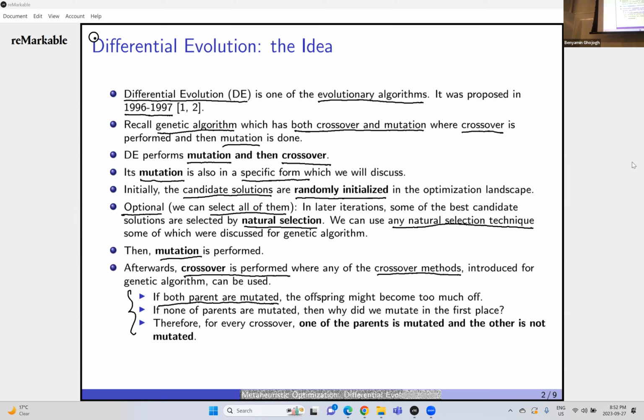Therefore, parents might be mutated or not, because we don't mutate every candidate solution. We mutate some of them. Now we have several cases. Either both parents are mutated, or one of the parents is mutated, or none of them is mutated. If both are mutated, what happens?